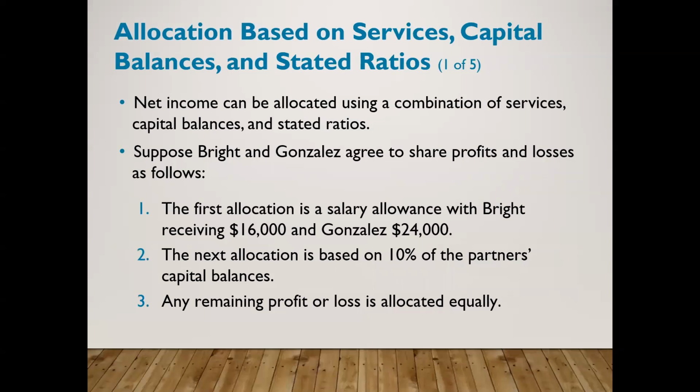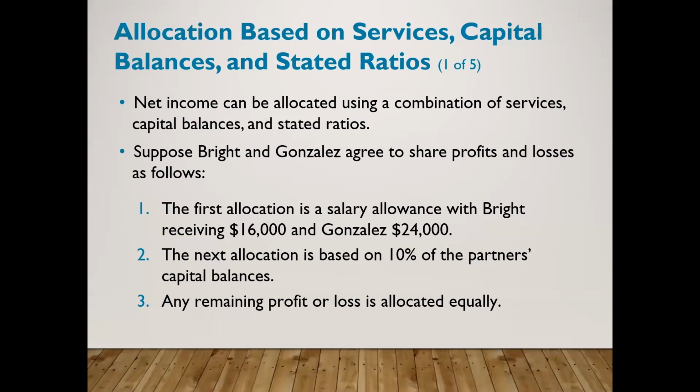Now, as we have seen, allocation of net income can be based on stated ratios or on capital balances. It can also be based on a combination of services, capital balances, and stated ratios. A partnership might want to use this method if one partner contributes more capital, but the other partner devotes more time to the business by managing the day-to-day operations or handling the accounting.